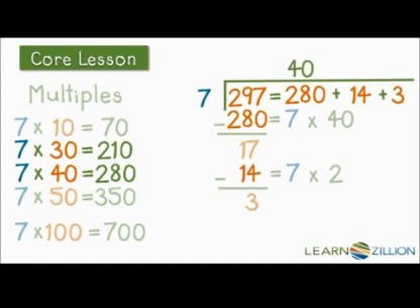And I know that there are 40 groups of 7 in 280 plus 2 groups of 7 in 14, and there aren't any groups of 7 in 3. So I have a remainder of 3. So our quotient is 42 groups of 7 in 297 with 3 remaining.